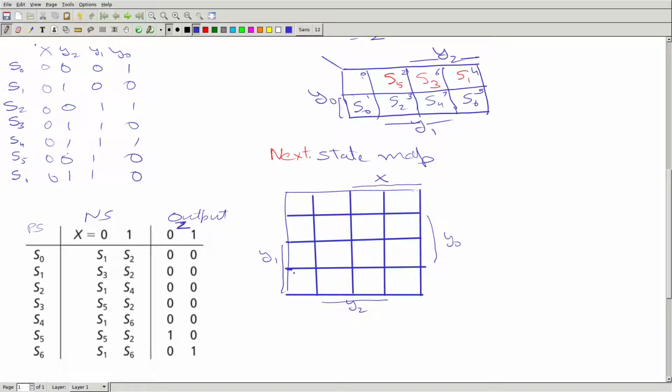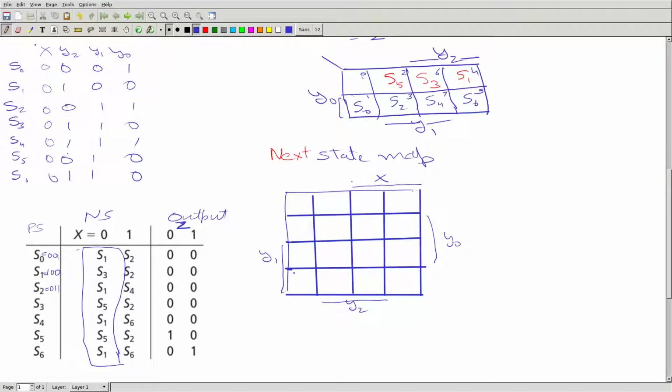Okay. So we have an encoding of S0 as 0, 0, 1, and encoding of S1 is 1, 0, 0, and S2 has 0, 1, 1. And then when X is 0, then we get some kind of next state, and so we are focusing on this particular column.